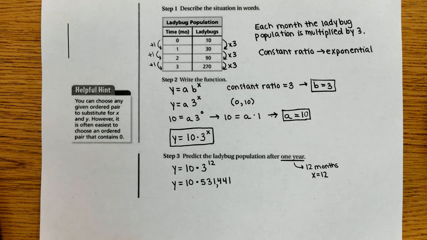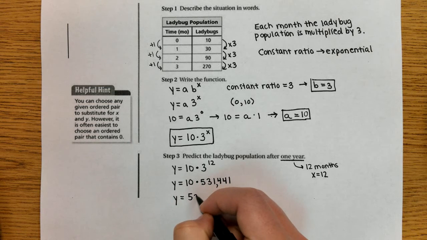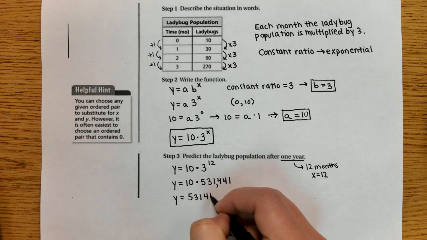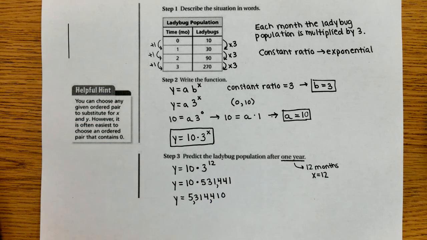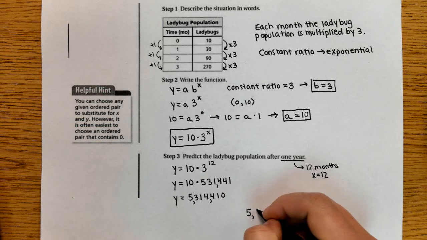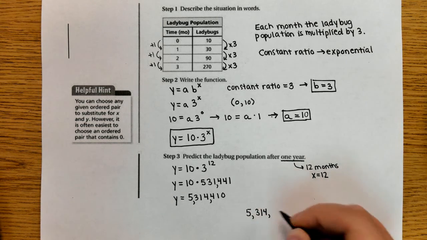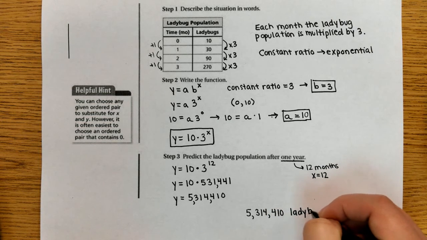And now you take that and multiply it by 10. So now you get 5,314,410. So your answer is 5,314,410 ladybugs.